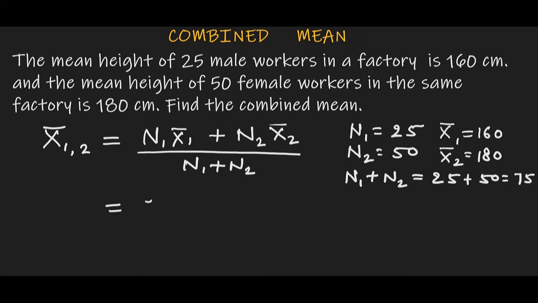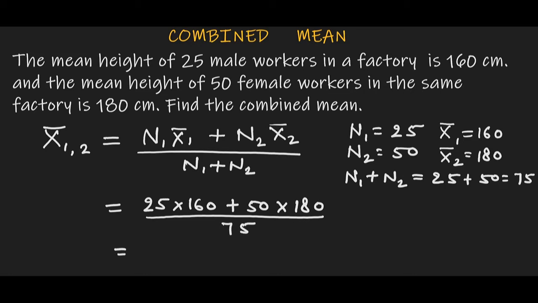So n1 is 25 multiplied by mean 1 which is 160 plus n2 which is 50 multiplied by mean 2 which is 180, divided by n1 plus n2 which is 75. So the next thing is 25 multiplied by 160 will be 4000 and 50 multiplied by 180 will be 9000, divided by 75.